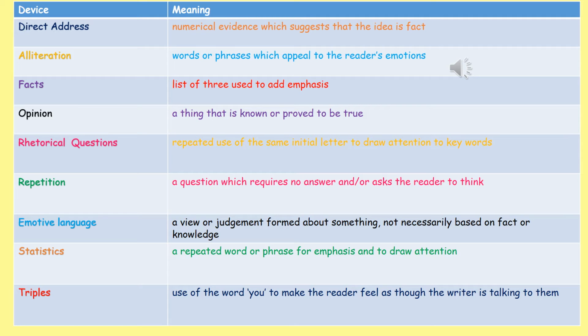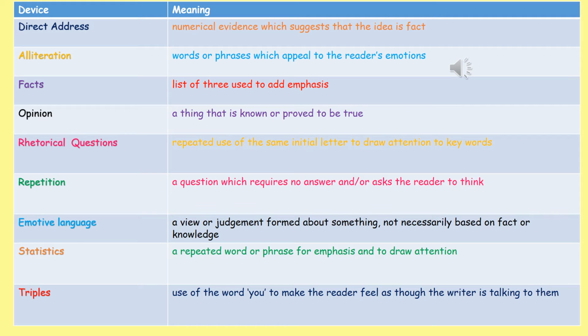Emotive language, I always think of the EMO and the emotions, so thinking about feelings, so it's to appeal to the reader's emotions and feelings to get them to feel a certain way. Statistics, so you'd have done those in maths, I should imagine. It's numerical evidence, so 63% or 20% of people, anything to make your argument seem like it is based in facts. You can usually make those up.